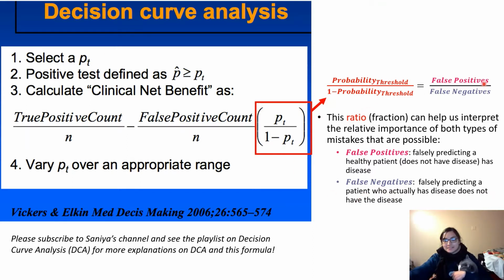So this is the ratio of false positives, falsely saying somebody who's healthy has the disease, so they are sent for unnecessary treatment, divided by the false negative, saying that the patient who actually has the disease does not have the disease, so they are missing out on the treatment that they would have needed. So that's what this ratio tells us, essentially.